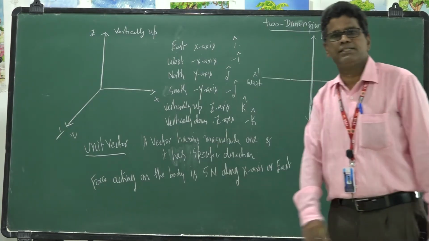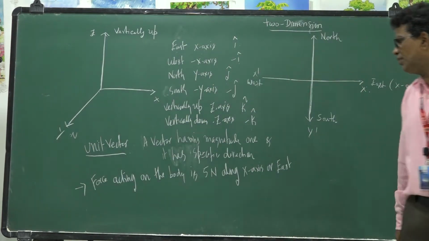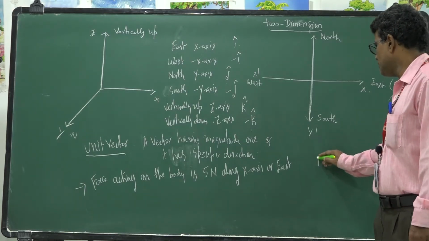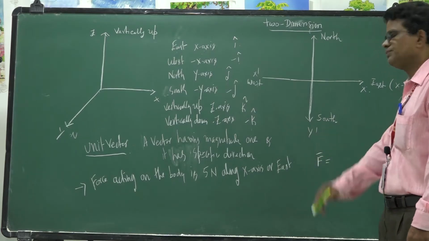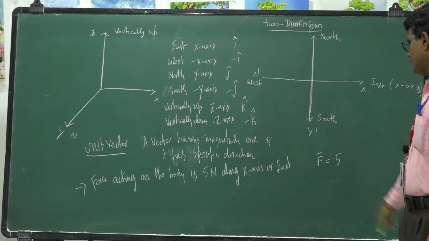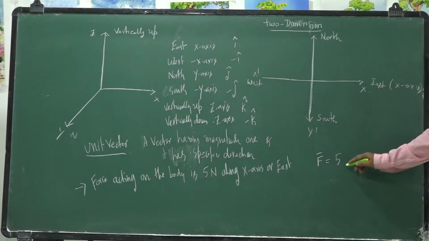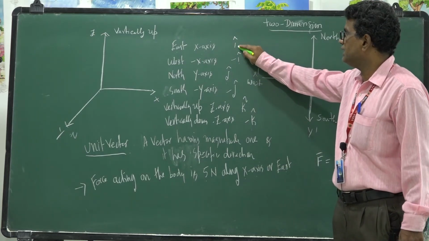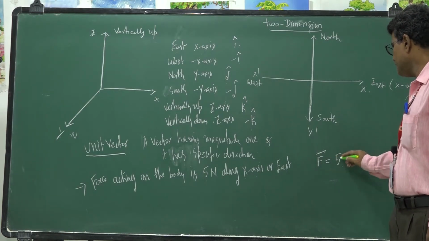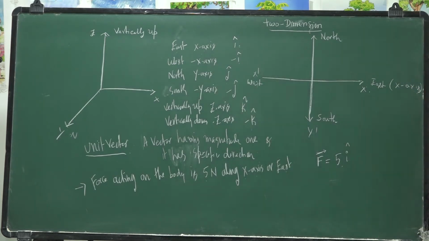How do you represent this force in vector form? F bar is equal to the magnitude 5 times the unit vector for east, which is i cap. This vector is represented with a bar. So it is 5 i cap.